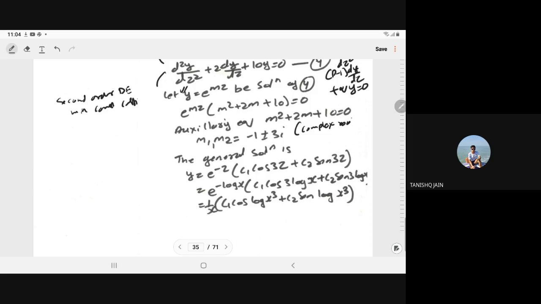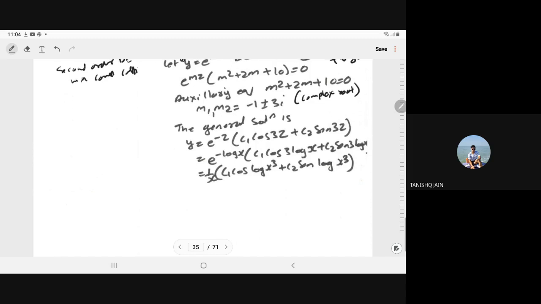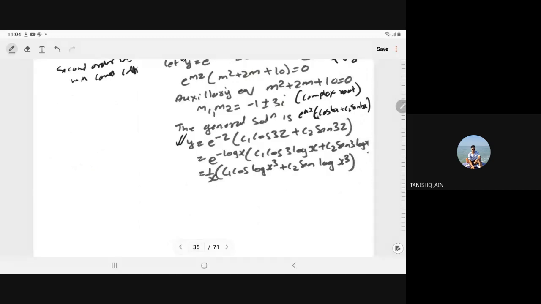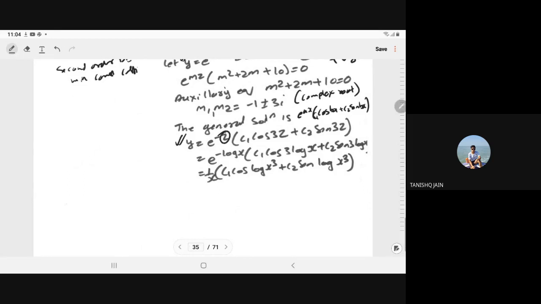When we have the complex root for the auxiliary equation, the form of the general solution is e to power ax into c1 cos bx plus c2 sin bx. So this can be written as y is equal to e to power minus z, c1 cos of 3z plus c2 sin of 3z, and z, you know, is ln x.